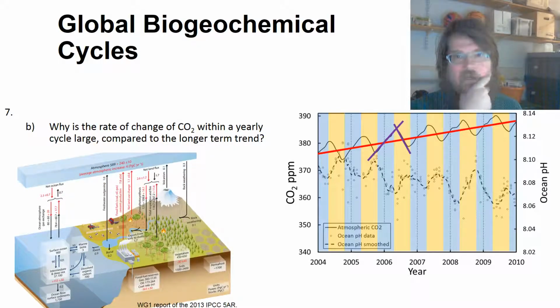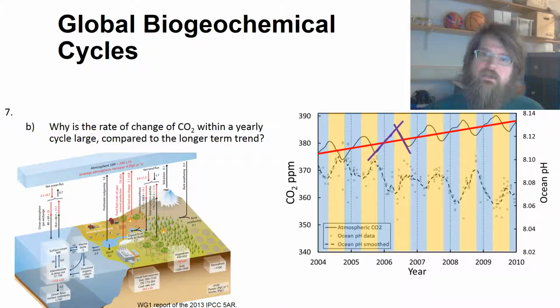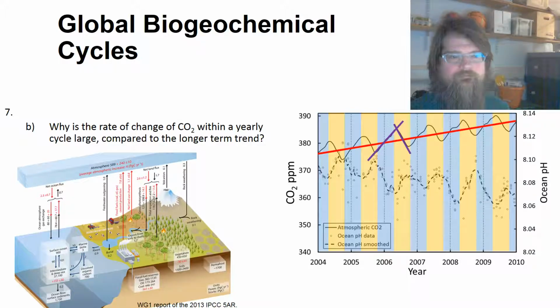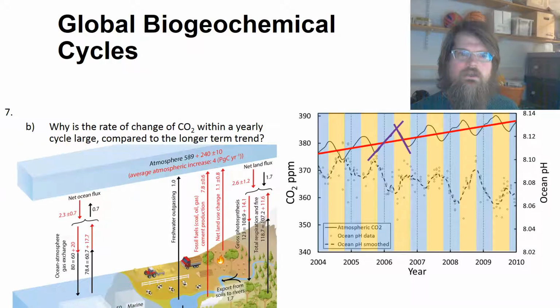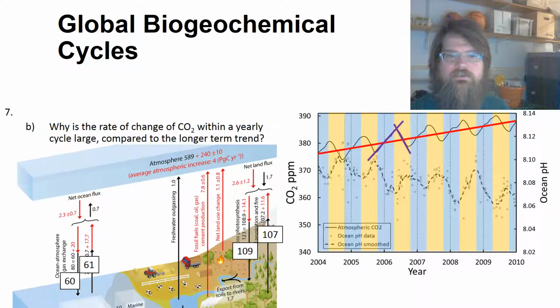So here's another figure from the lectures, which is from the IPCC Fifth Assessment Report. You can't quite see the numbers on this, so I'll just make it bigger. Here we go. We can see the fluxes into and out of the atmosphere from various different reservoirs. If we look at the black lines, these are the natural fluxes.